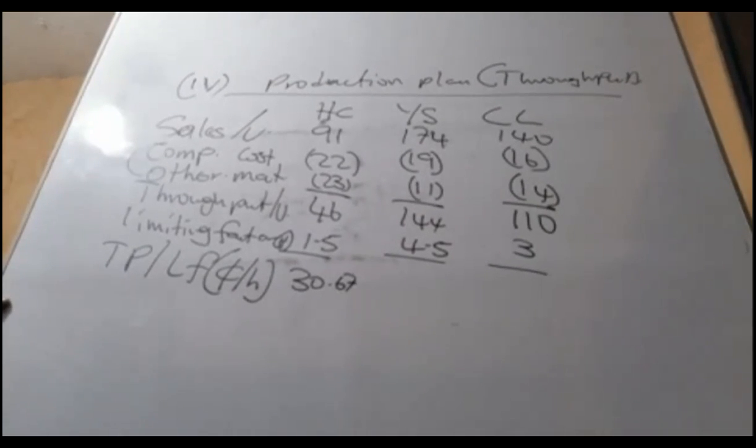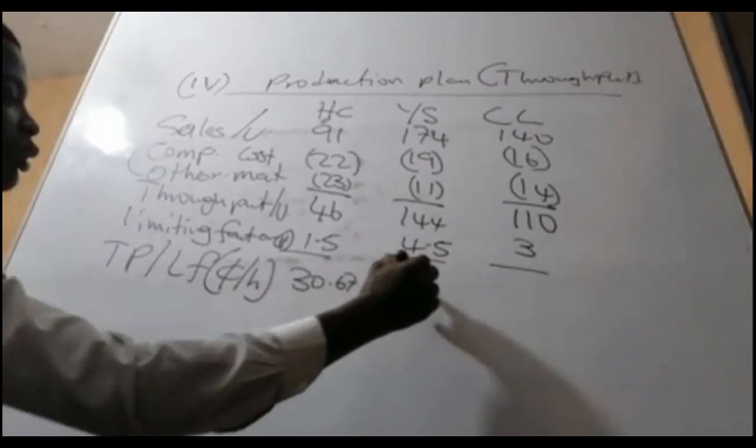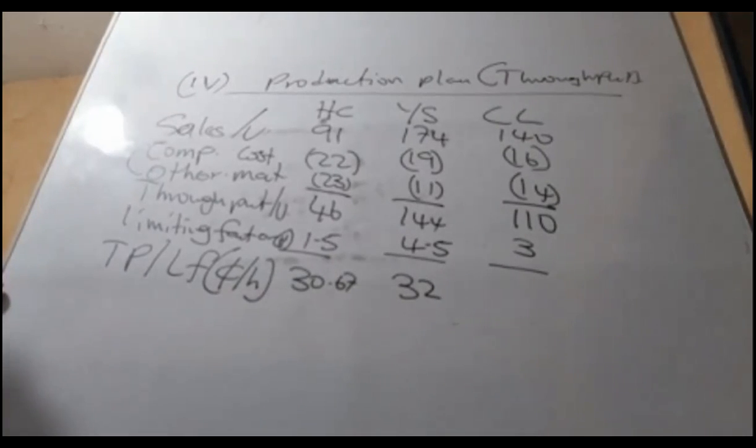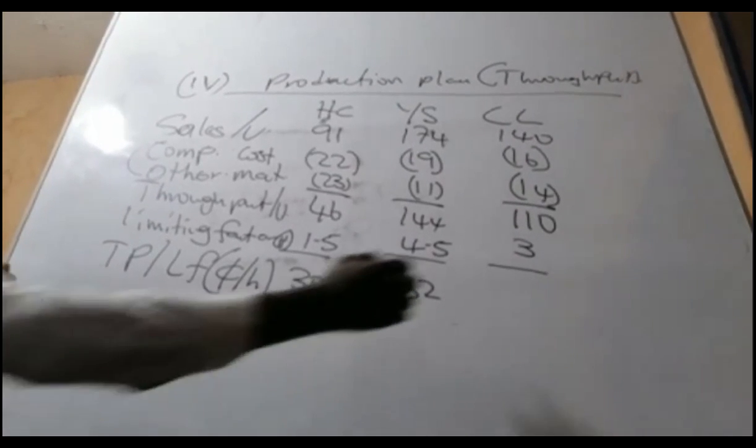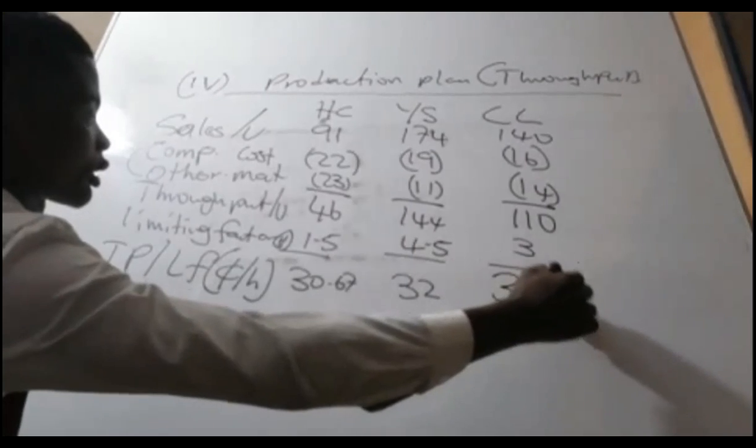Then 144 divided by 4.5 is 32, and lastly 36.67.